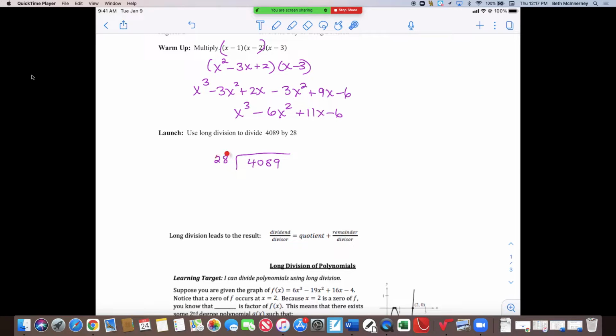My divisor, okay, 28 is the divisor. Let's write that down. 28 is called the divisor. And the divisor is what you're dividing by. Let me say that again. The number that you divide by is called the divisor. The answer to a division problem is called the quotient.